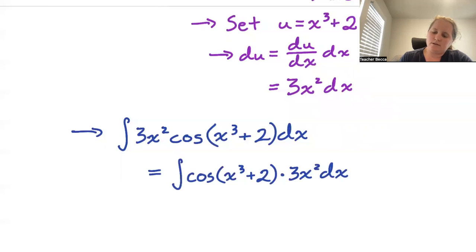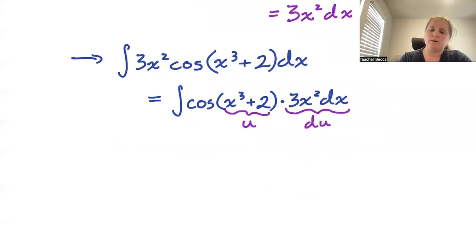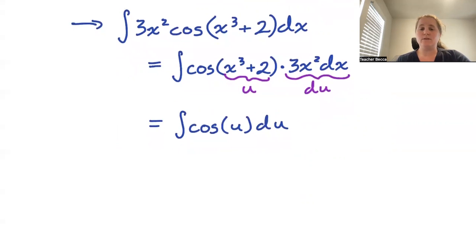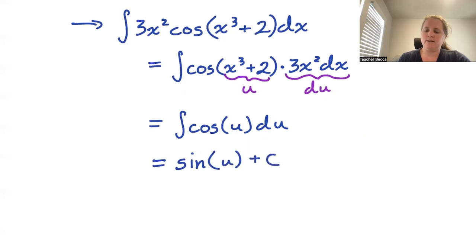We can go ahead and swap out x cubed plus 2 for u. That 3x squared dx is our du. So we are now looking at the integral of cosine of u du. That's an integral we do know. Integral of cosine of u is simply sine of u plus c.